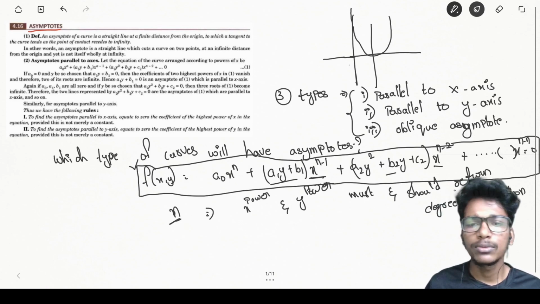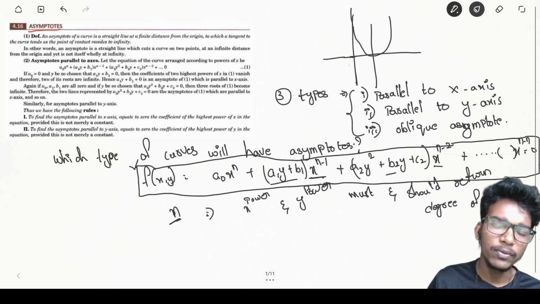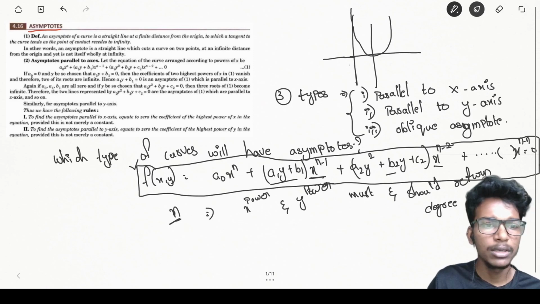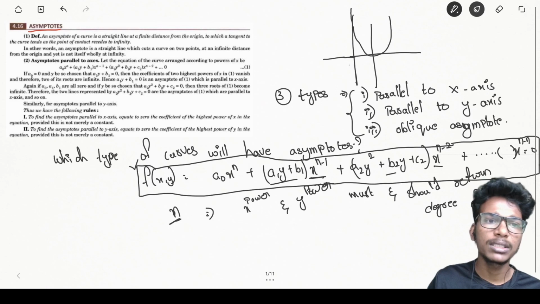These types of curves only will have asymptotes. Other types of functions can't have any asymptotes.